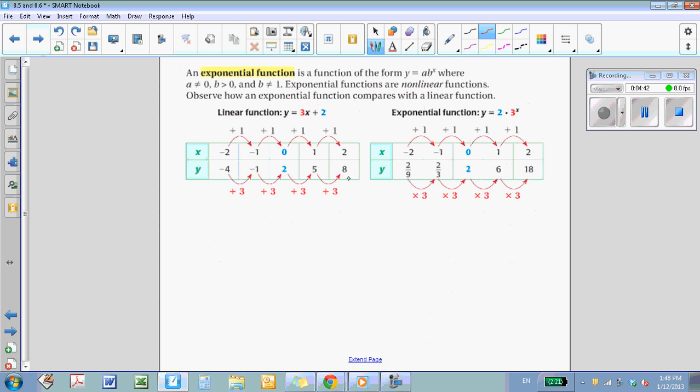More specifically, in our book, they break this up a little more. They describe what an exponential function is, and it's pretty much a function that has this form, so it doesn't really tell you a whole lot, but it's still helpful. Linear functions were the functions that we've seen so far. This is when, for every one to the right, you go 3 up. But we saw something similar.